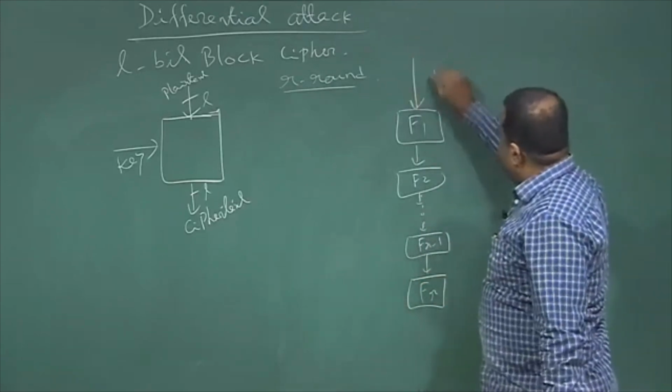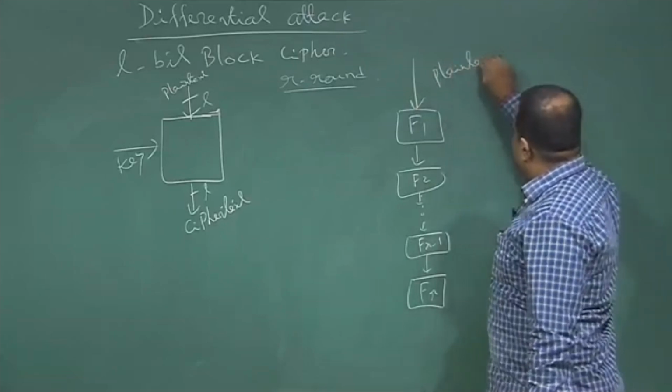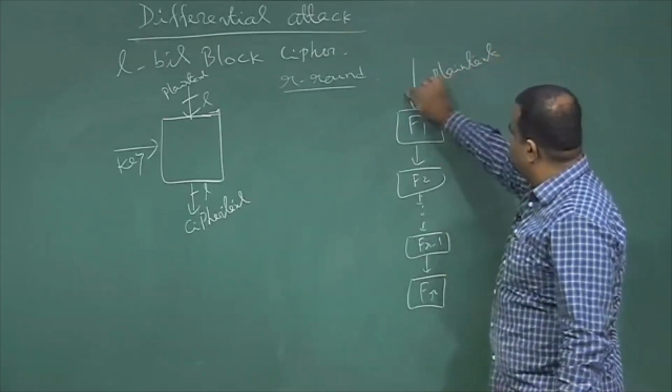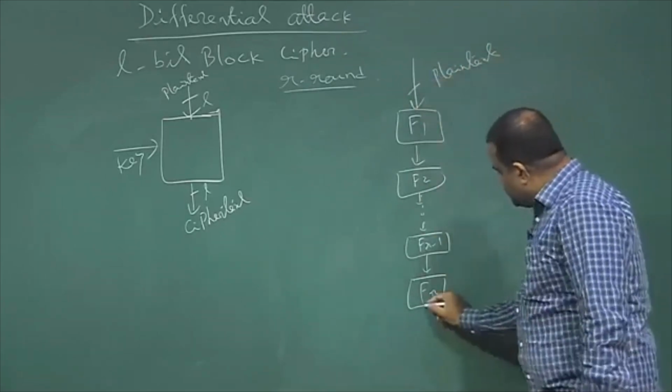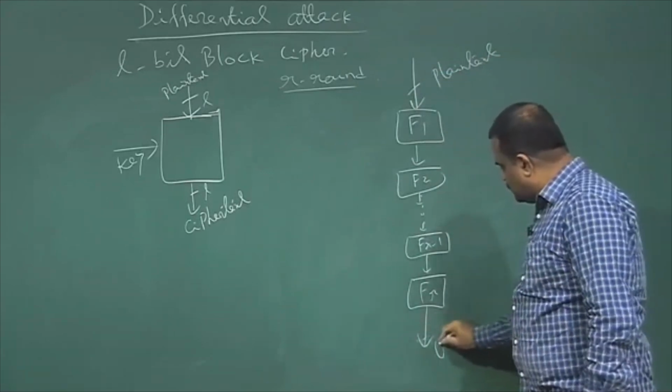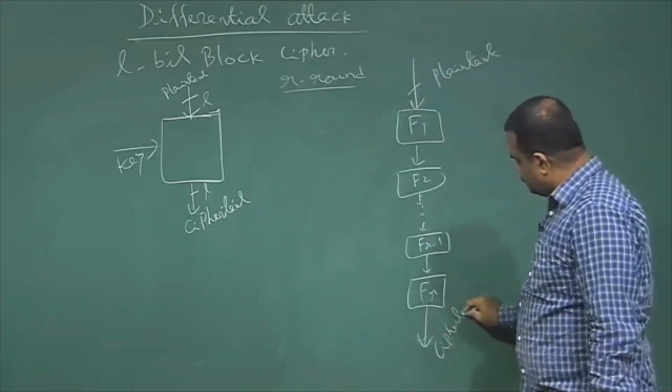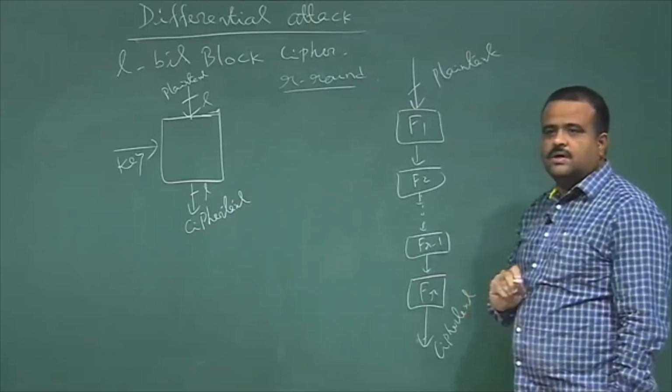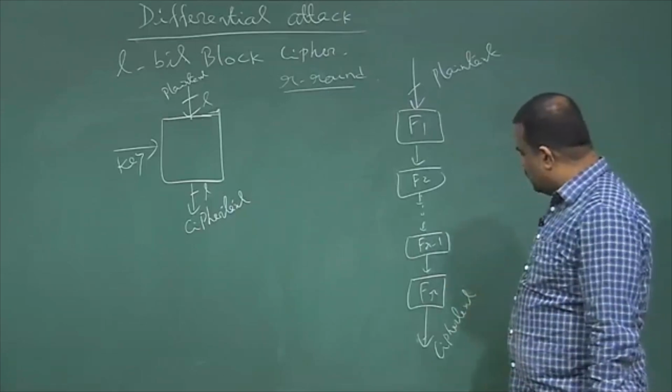This is the plain text, which is the input of the first round. This is L bit, and this is the ciphertext, which is the output of the last round, or rth round.